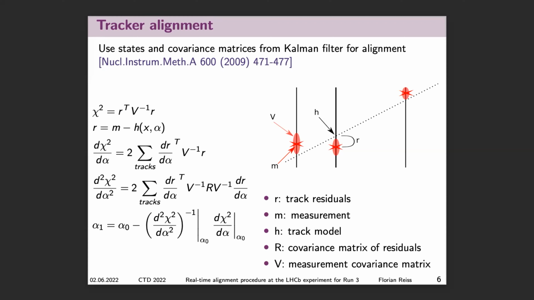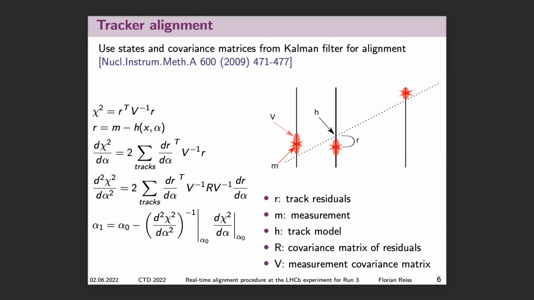If you have some kind of track here hitting a couple of stations or detector elements, which is described by this track model, called here H, which depends on the track parameters, for example the track slopes, and also here the alignment constants are absorbed. And then you have your measurements M with some uncertainty as indicated by the blobs here, and then the difference between your track model and the measurements.